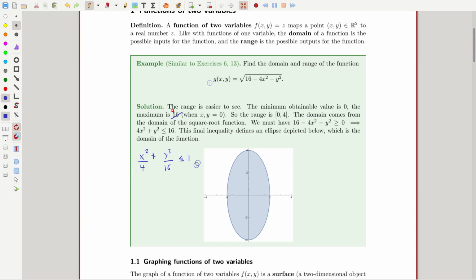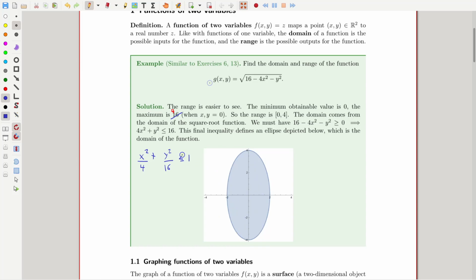This is the standard form of an ellipse. This would be a squared, that would be b squared, and a squared measures how far you extend in the x-axis, so you extend a far, which would be 2. So 2 and minus 2 are how far you extend along the x-axis. And then the square root of 16 is 4, so along the y-axis you extend 4 and minus 4. From that, you can trace out the ellipse.